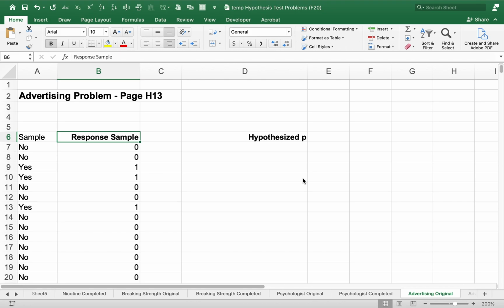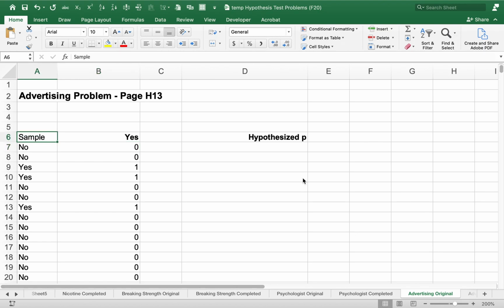What statisticians usually do is they name this after one of the values. So call it either yes or no. Now what we're measuring here, a success, is a yes. So we should number the successes as ones and the failures as zeros.